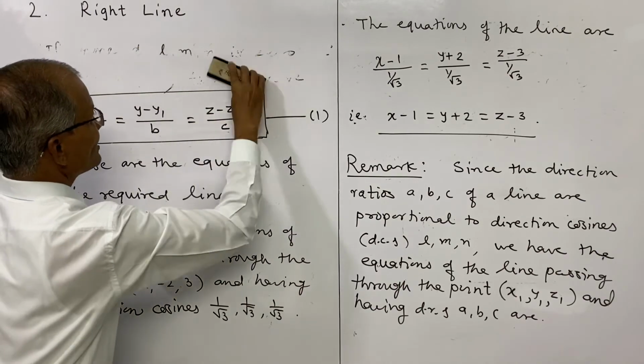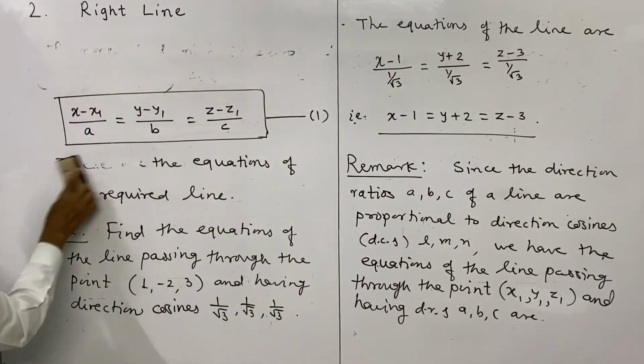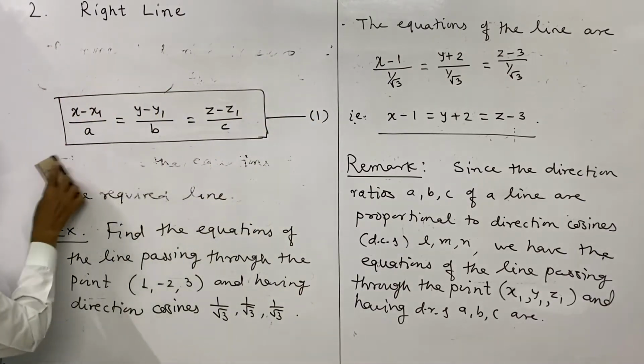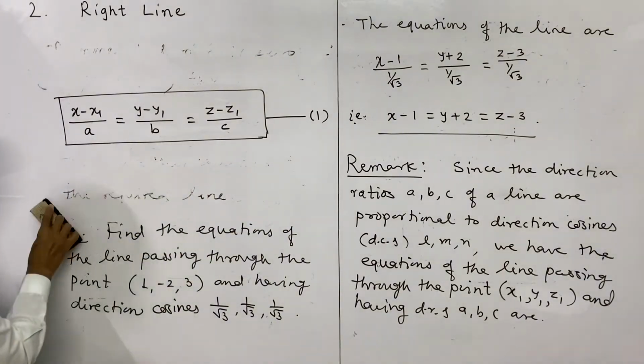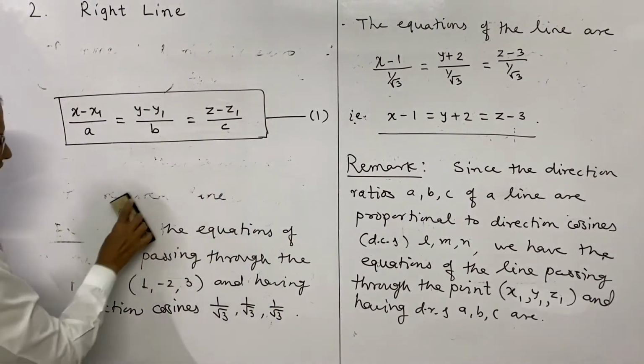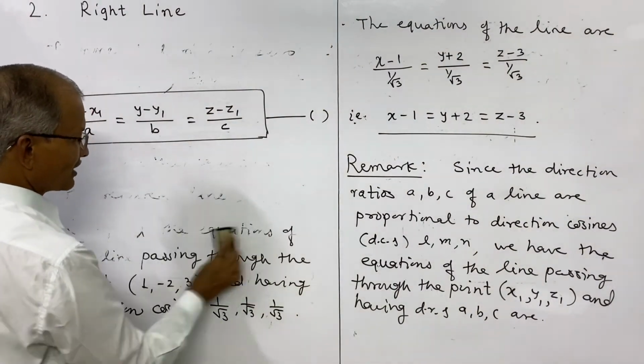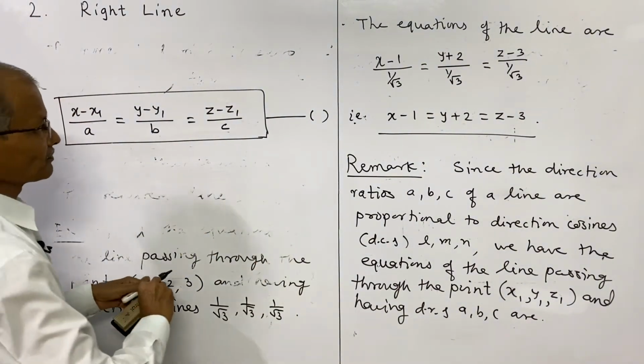So these are the equations of a line passing through the same point x1, y1, z1 but having the DRs a, b, c. So this will be our second equation.